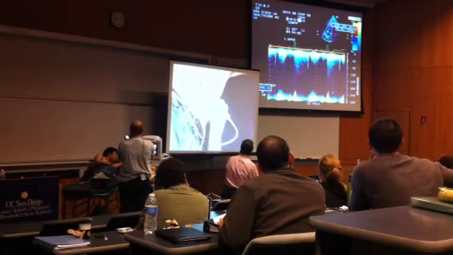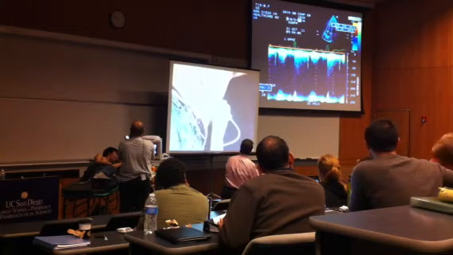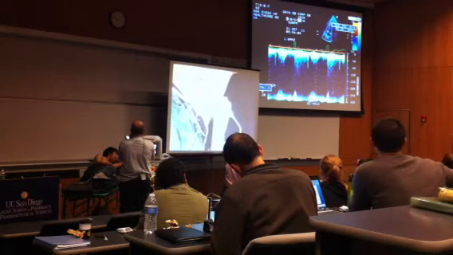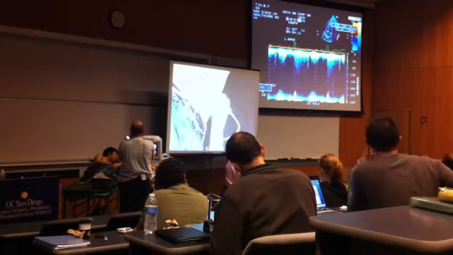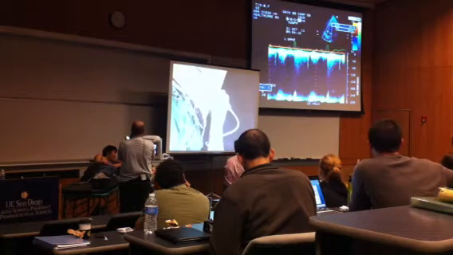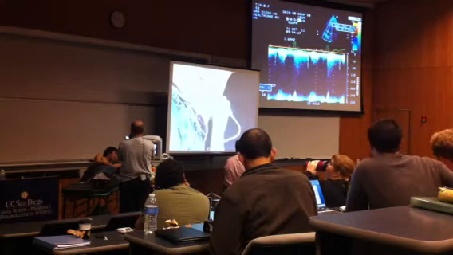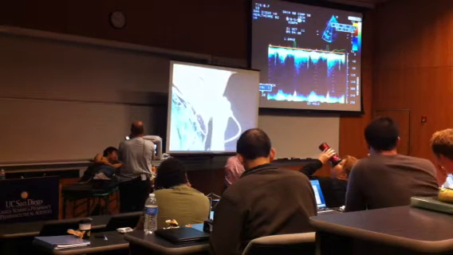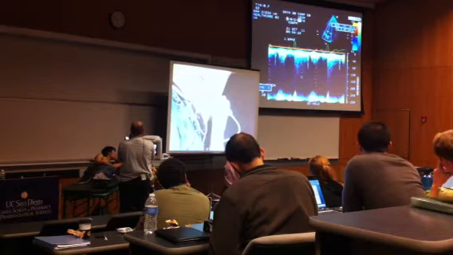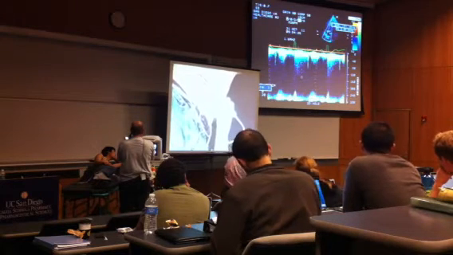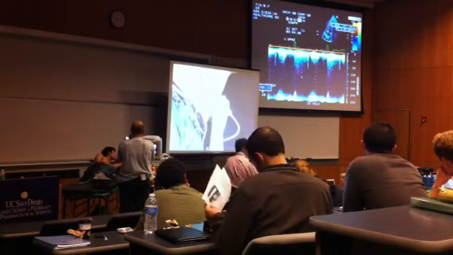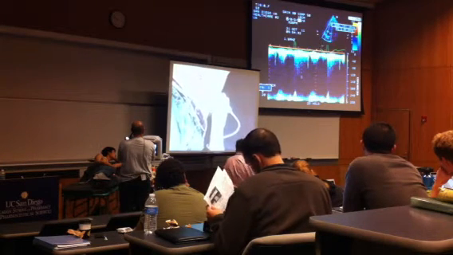From that, using the Bernoulli equation, we should calculate the pressure gradient. Let's say it's 22. This is actually probably not correct, but let's just say that it's 22, and let's say their right atrial pressure was 5. Then we can add those two together because what we're estimating is the pressure gradient that allows the ventricle during systole to have a small squirt of blood come back into the atria.